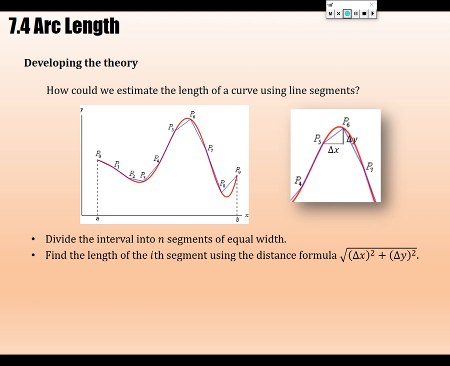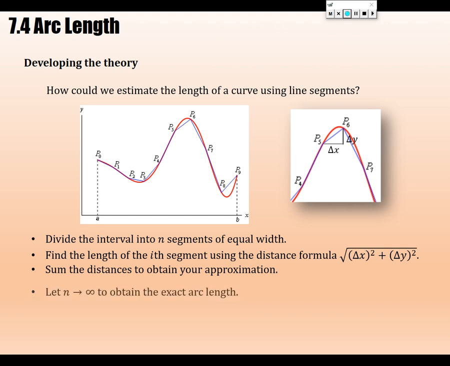Well, of course, if we have a lot of them, it makes sense then to add them all up, right? So you do that for every single delta x, delta y along the curve, and you'll get your approximation. And then, of course, like we've done many times so far in this class, we'll let n, the number of segments that we have, go to infinity, which also implies that delta x goes to 0.